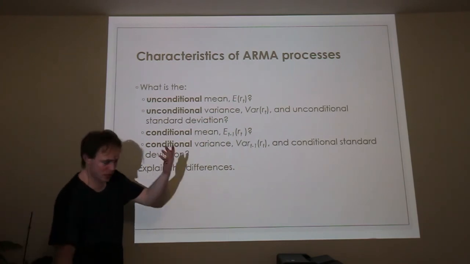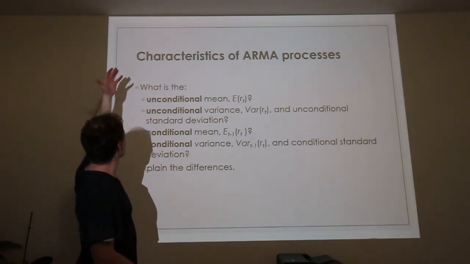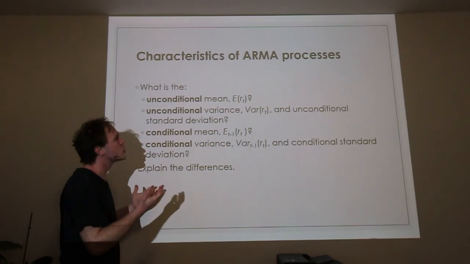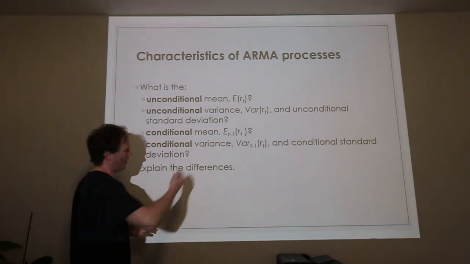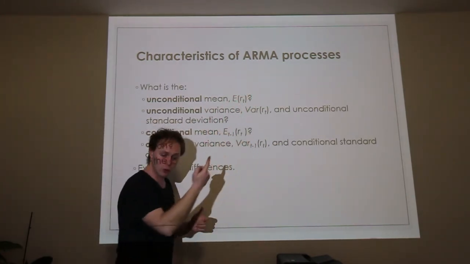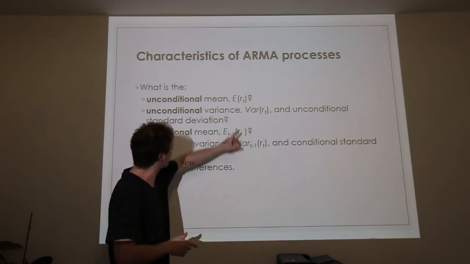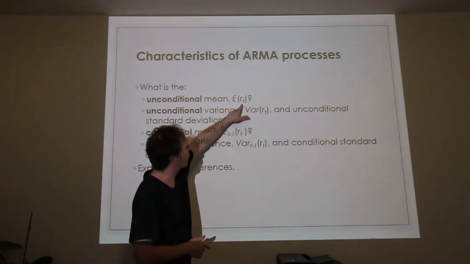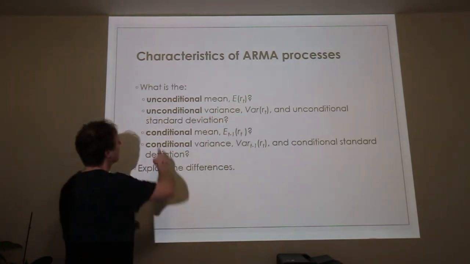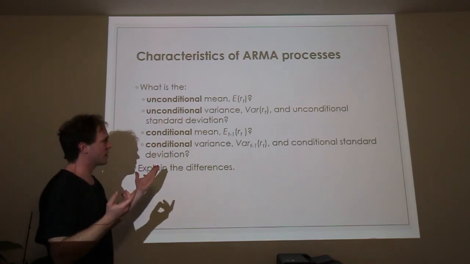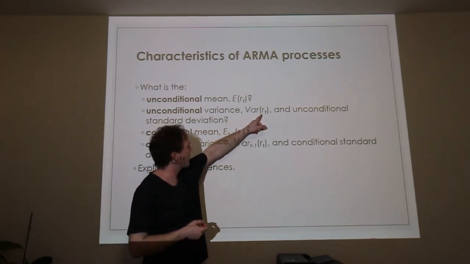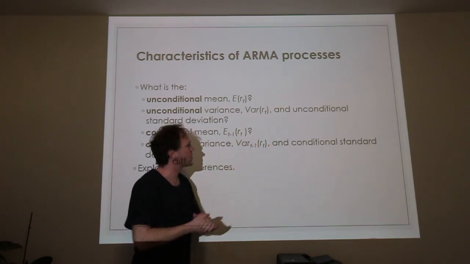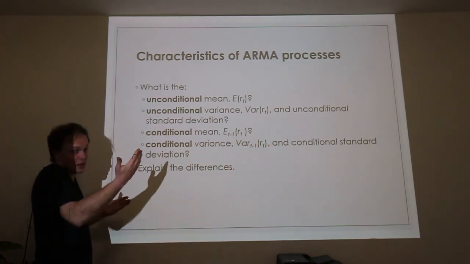Characteristics of ARMA processes, we can continue. What is the unconditional mean, the expected value of returns in time t, the unconditional variance of returns, and the unconditional standard deviation?